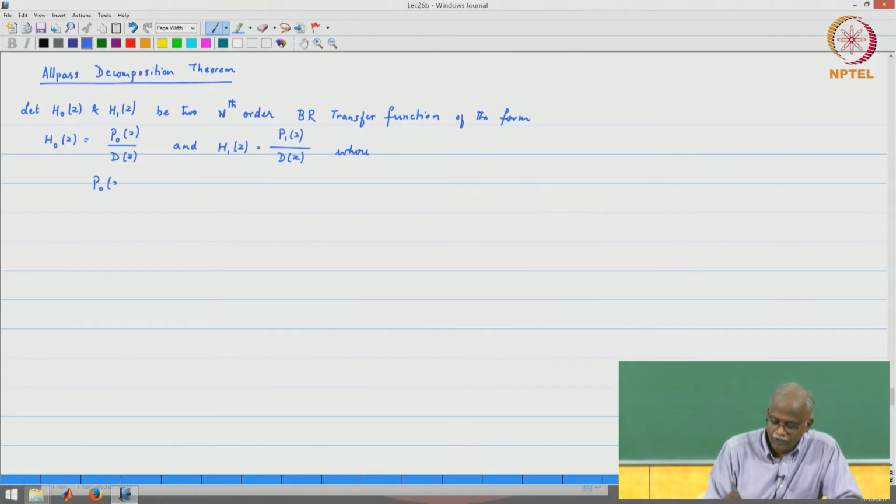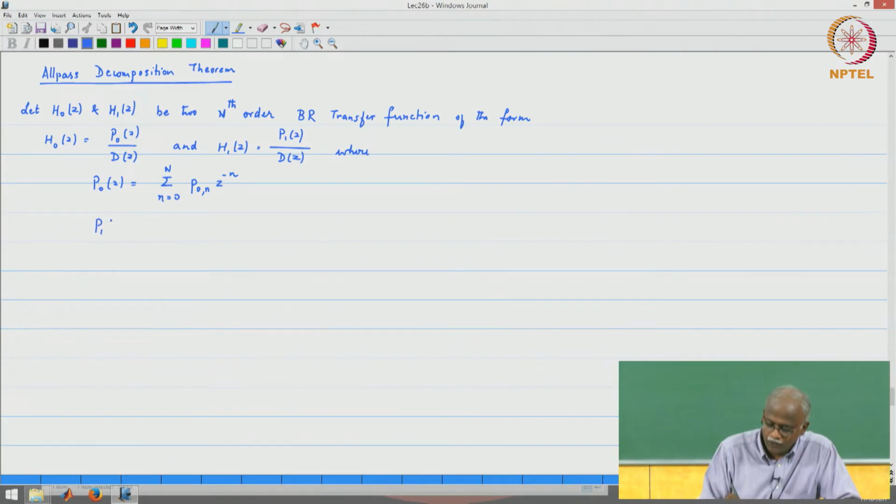So p0 of z is a FIR polynomial of order n, sum over n equal to 0 to uppercase N, that means the highest power of z will be z power minus uppercase N. P 0 comma n, subscript 0 representing P 0 polynomial, n is the coefficient index, z power minus n.